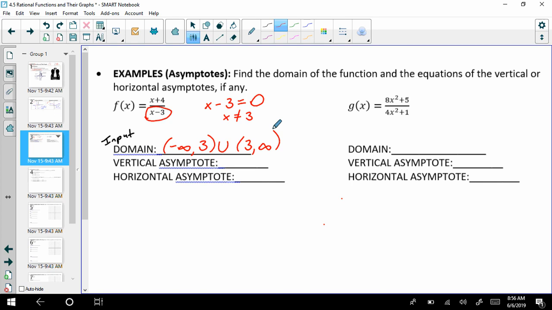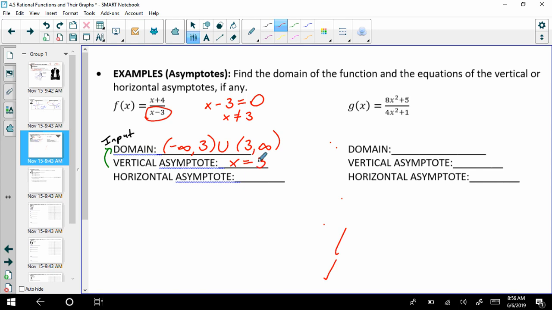So now it wants me to find the vertical asymptotes. Well, the vertical asymptote has a direct connection to the domain. What did we say x could not be? 3. So that is where the vertical asymptote is going to be located.